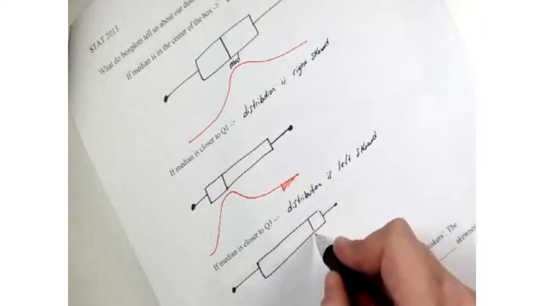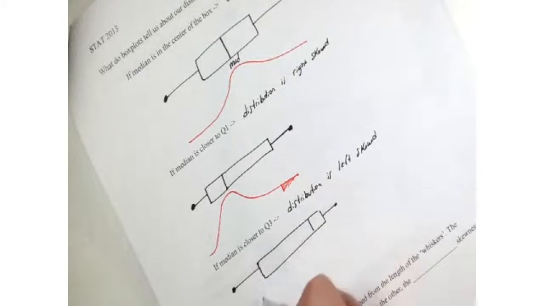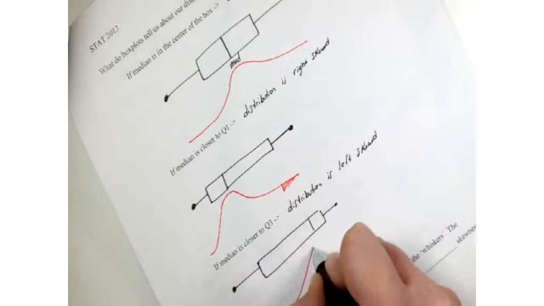To illustrate that, the median is up here, so that means 50% of the data is going to fall below and 50% above. So it's going to look something like that. And obviously, that is left skewed.